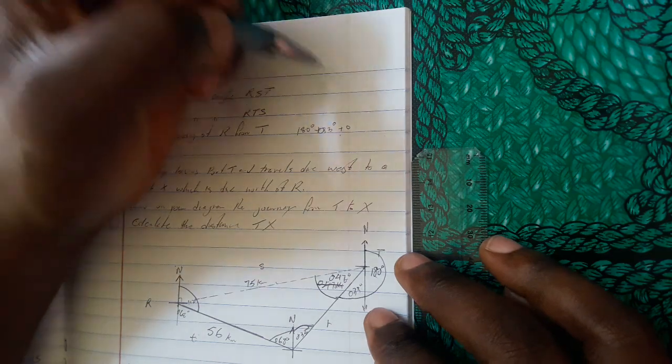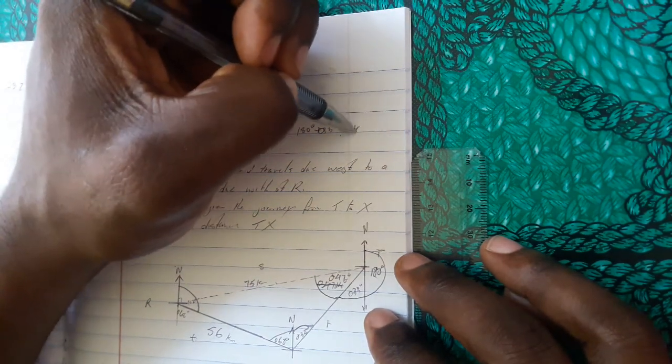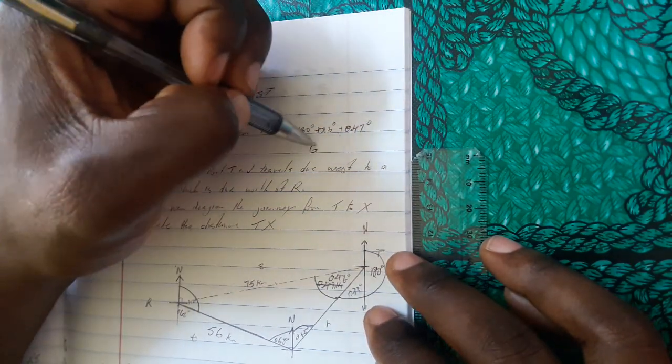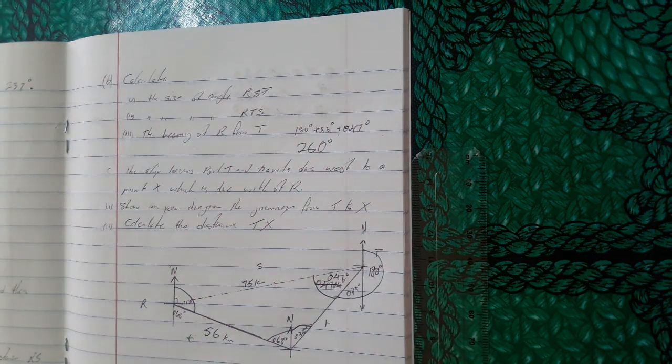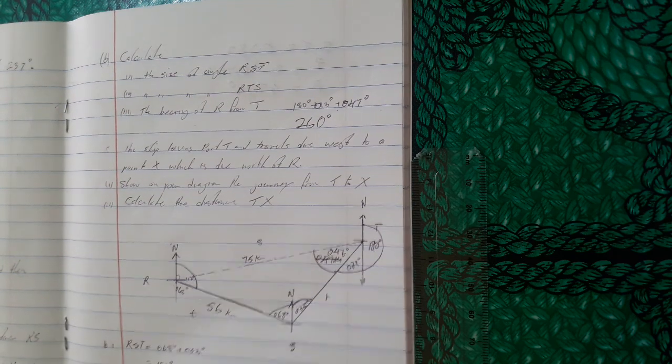That makes more sense now. So when you add all this, you get 260 degrees. The bearings of R from T is 260 degrees. Pretty good. I hope this doesn't look messy, and I hope you understand what's going on there.